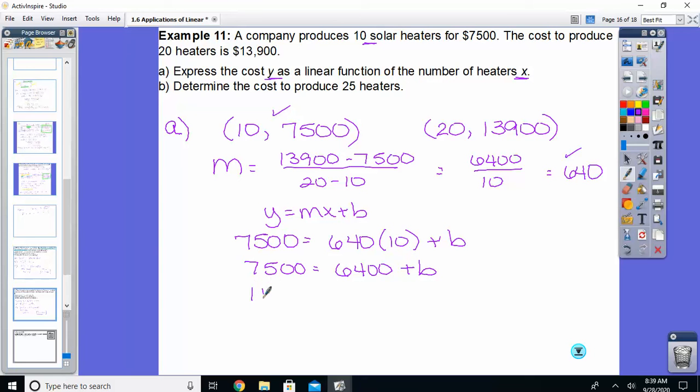Subtract over our 6,400, and we get a y-intercept of 1,100. So the final equation would be y equals 640x plus 1,100.